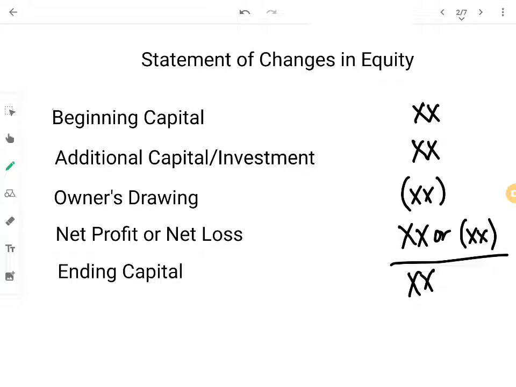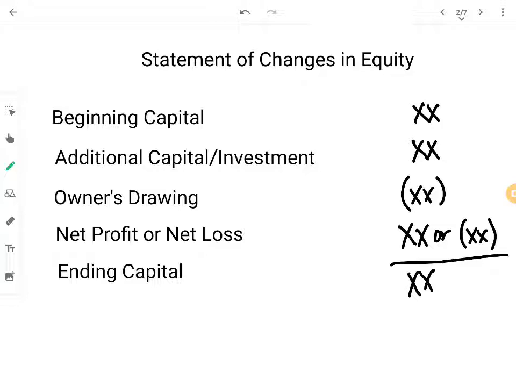So, pero, ang inuuna natin na i-prepare is yung statement of income, then statement of changes in equity, then statement of financial position.